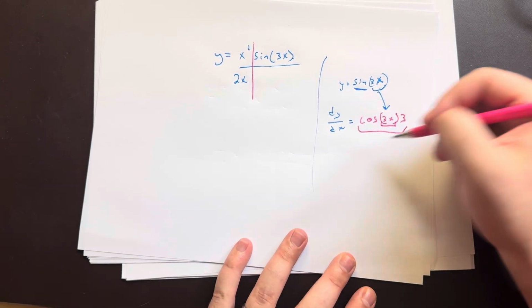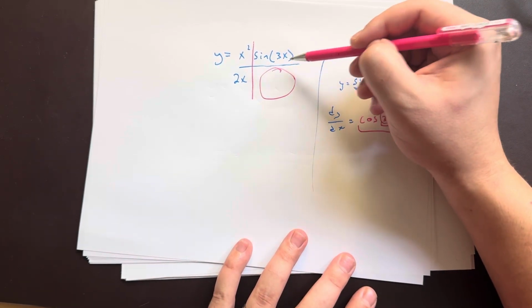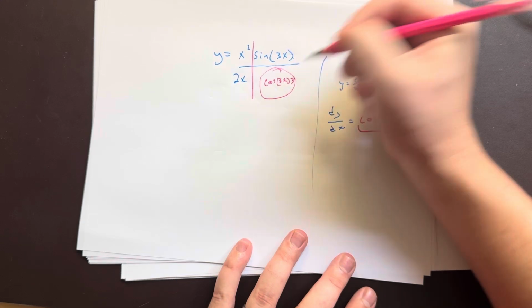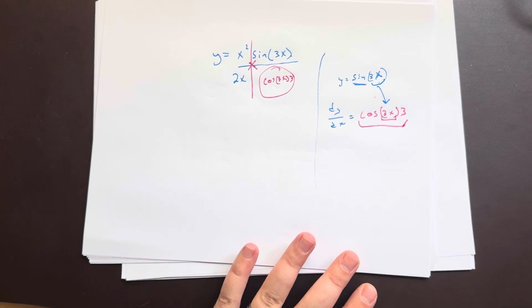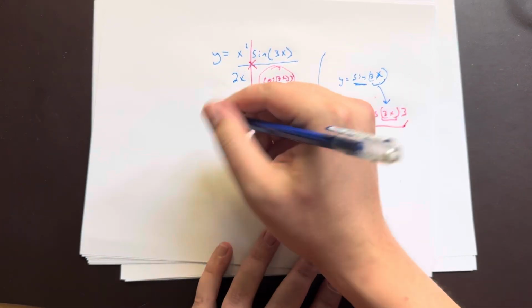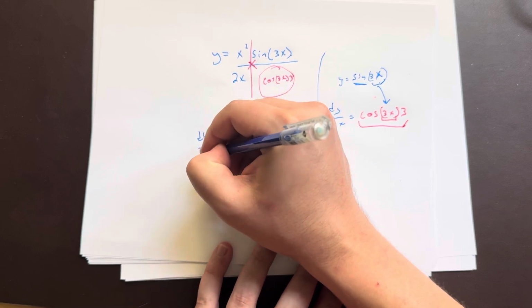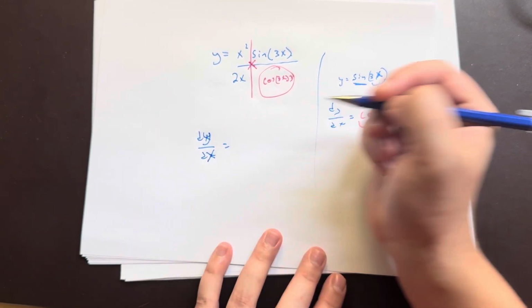I'm just going to plop this in, because what did I want to put down here? I wanted to put the derivative of sine 3x. That is going to be cosine 3x times 3, and just plug that in. Finally, dy/dx. Gotta make sure your x's and y's are distinct.